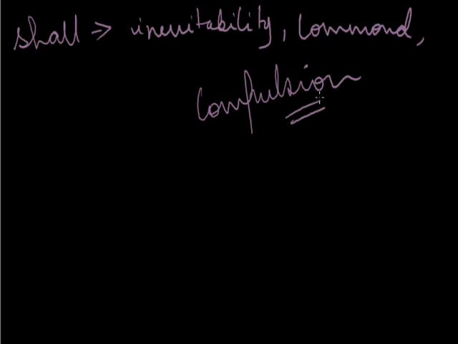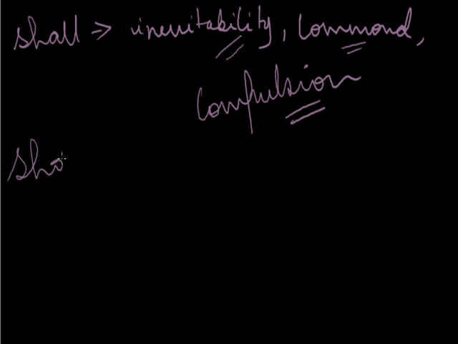Compulsion, with the force of must in statutes, deeds and other legal documents: the penalty of fine shall not exceed rupees 500. Inevitability: the day of judgment shall come. Command: you shall not steal.